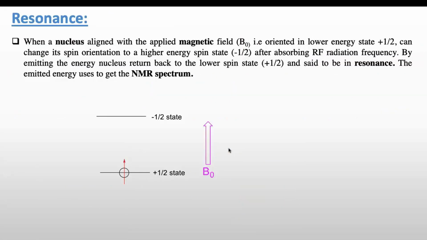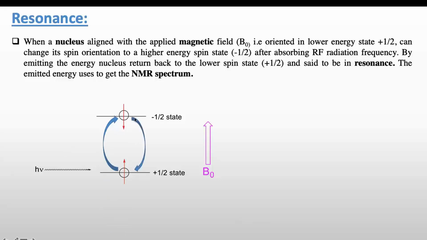Now we will see what resonance is. When a nucleus is aligned with the applied magnetic field B0, as shown in this figure, that is oriented in the lower spin state plus 1/2, it can change its spin state to the higher energy spin state after absorbing RF radiation frequency, like in this way. It will absorb the energy and flip its spin state.